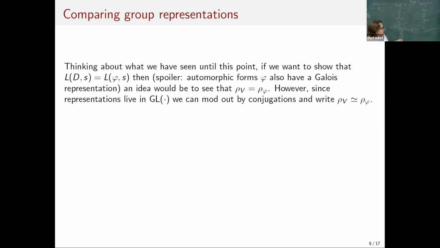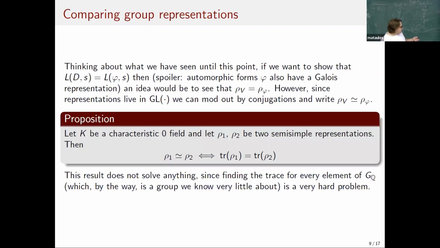So, to compare, as I have said, the traces are an important invariant, and comparing traces most of the time is enough to see that the representations are equal up to conjugacy. Actually, we have to restrict ourselves to characteristic 0, because if not, the traces sometimes go to 0 and they shouldn't.